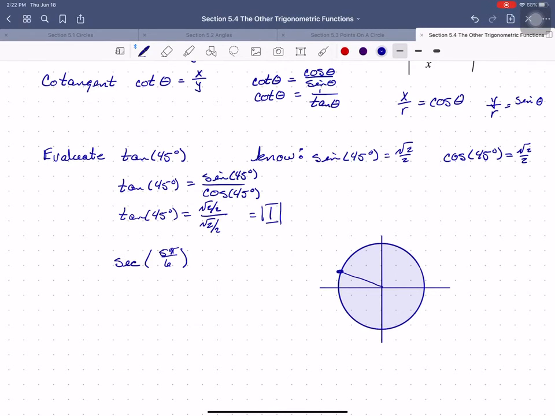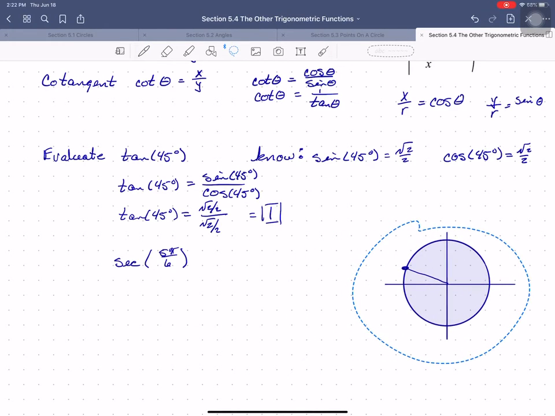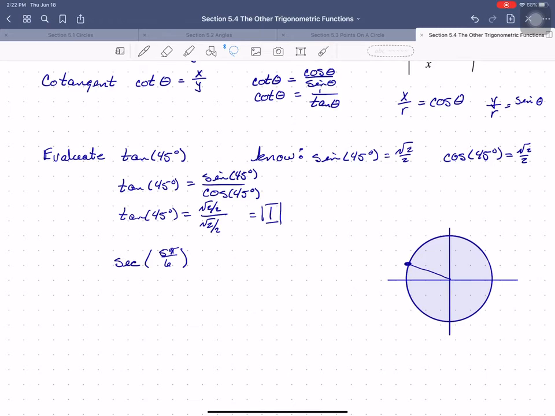So based on my position in the unit circle and what I remember about my unit circle, I know that the sine is 1/2, and the cosine of 5 pi over 6 is negative root 3 over 2.